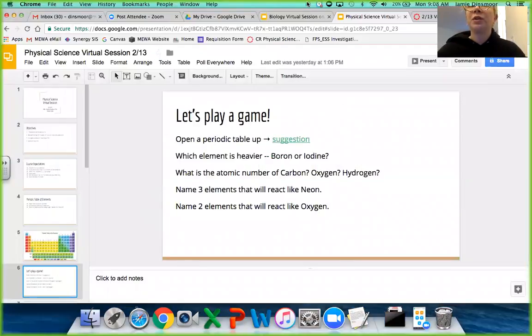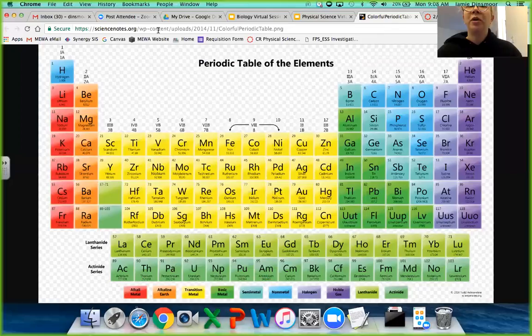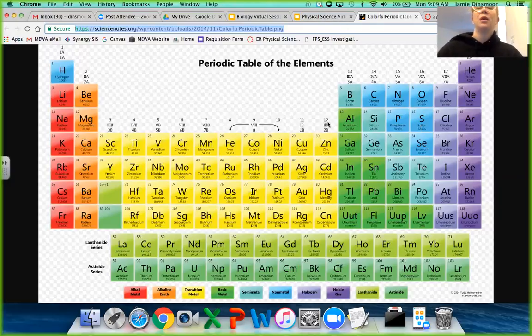I'm going to post in the chat here a link to that rainbow periodic table, or you can use a different one if you already have one open. All right, so here's the rainbow periodic table. I just sent it to you guys in the chat. So open that up, because you need to be looking at one to participate in this game.